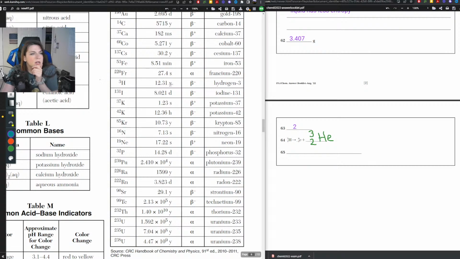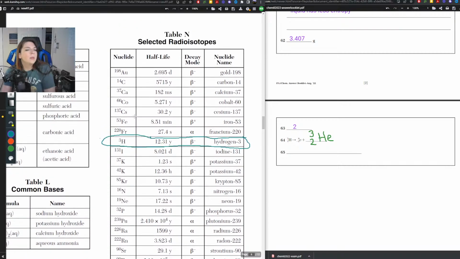And right here is tritium, hydrogen 3. And it is a beta negative. It is a standard beta decay. We need something that has a beta as the option, but it has a longer half-life than hydrogen right there. So beta, but longer than 12 years. And it's specifically beta negative.